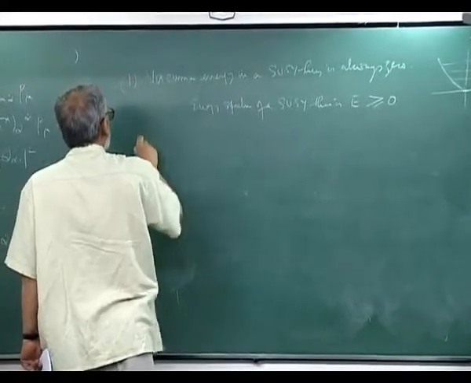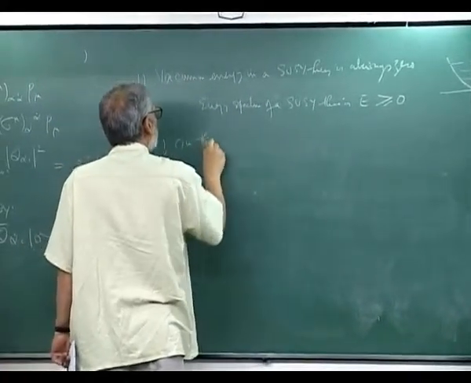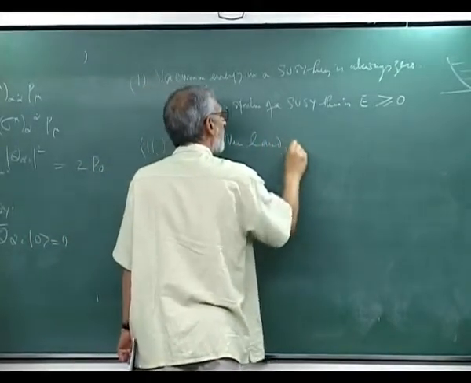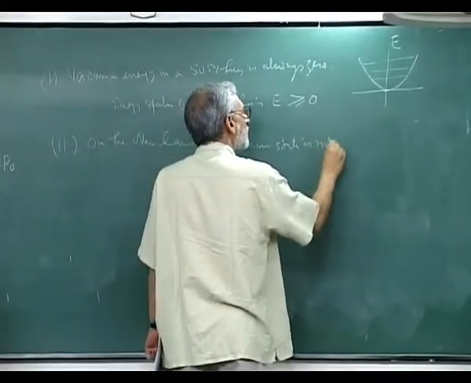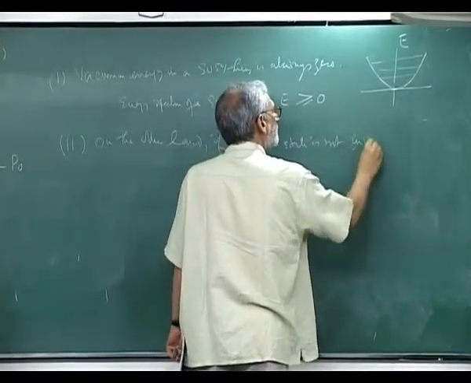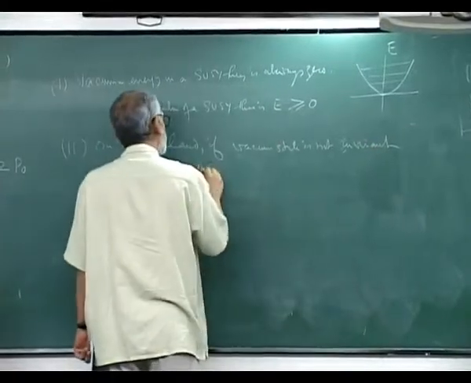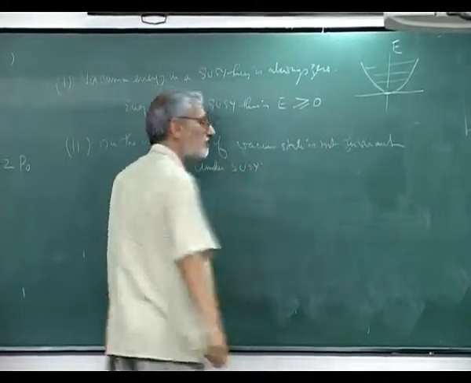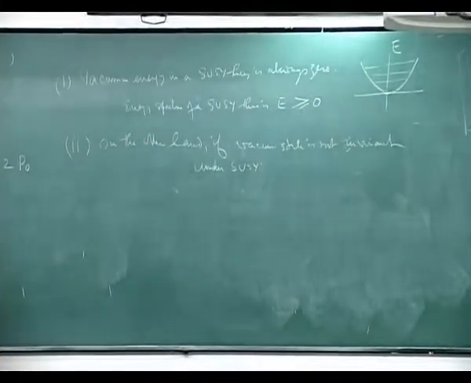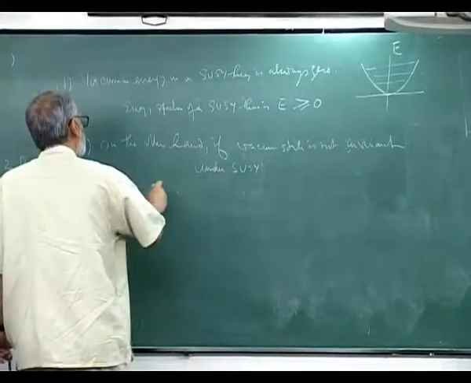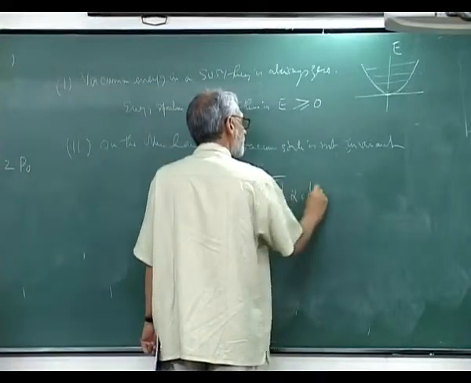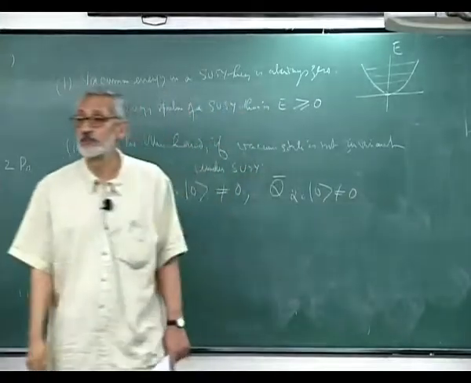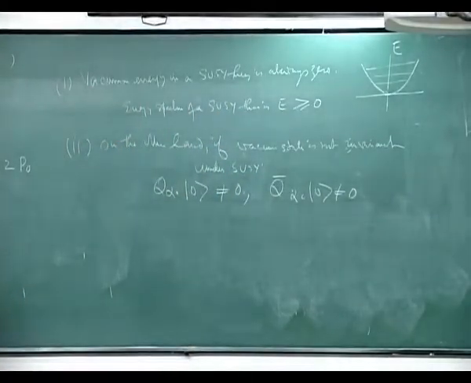So that's one. Two, on the other hand, if the vacuum state is not invariant under supersymmetry, if it so happens that Q acting on the vacuum is not zero, we have a name for such symmetries.